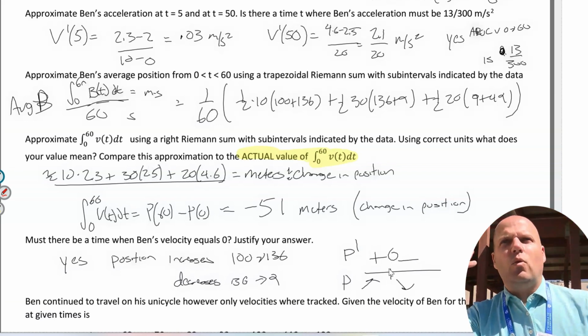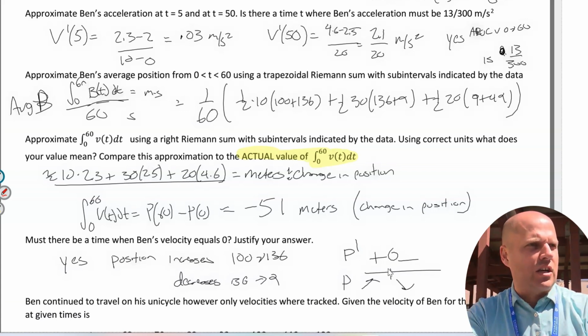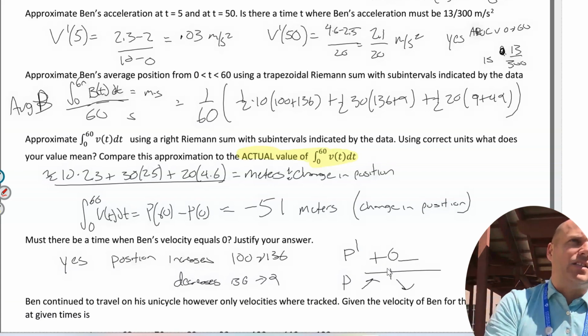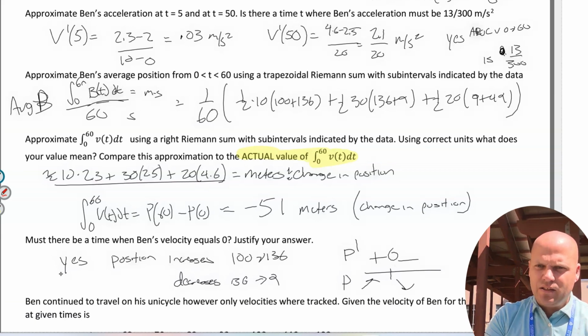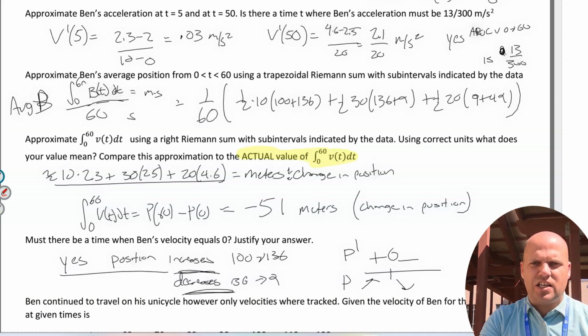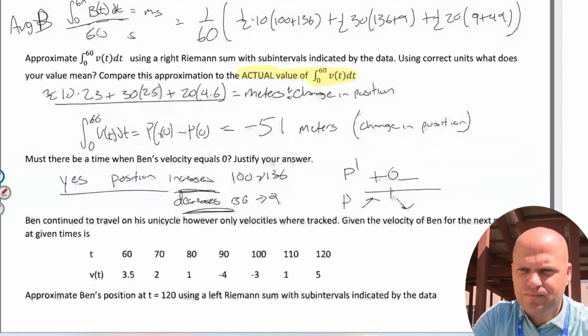There will be a time when my position will be stagnant at some value, so that my position changes from increasing to decreasing, my velocity will be positive and then 0 and then negative. Yes. Your position increases, then decreases. Your function is differentiable. There has to be a 0.